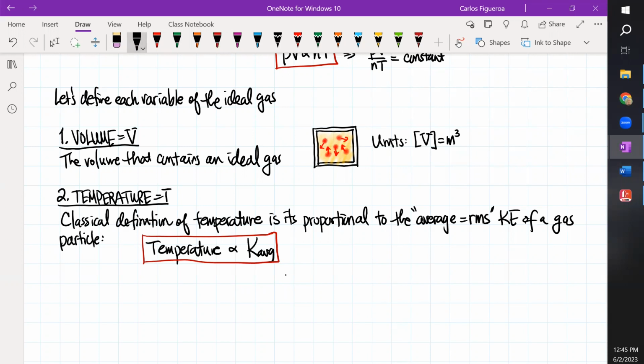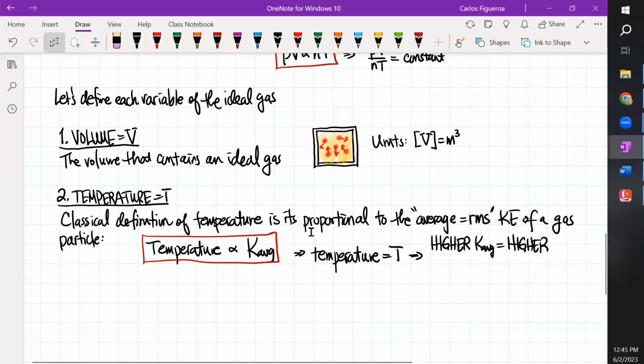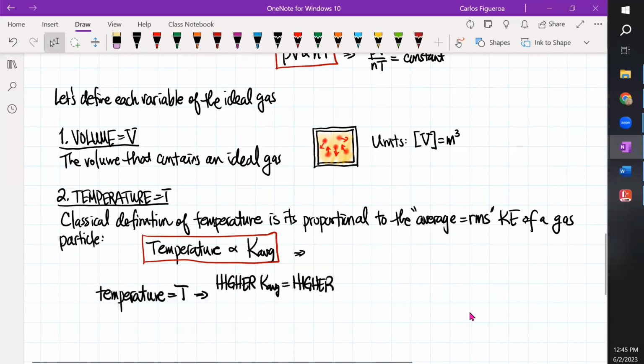So because of this, we could then say that if we talk about the word temperature, which is of course capital T, this really tells us that if I have a higher average kinetic energy, then I'm going to have a higher temperature.